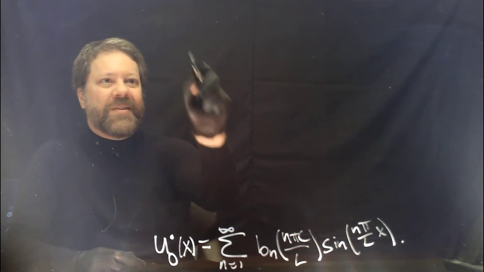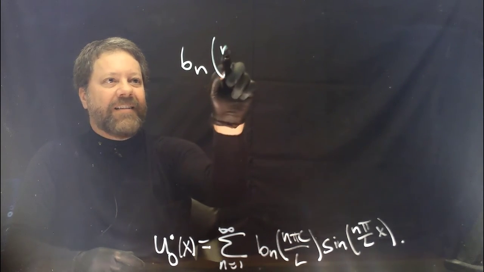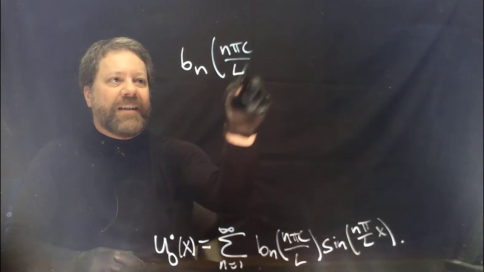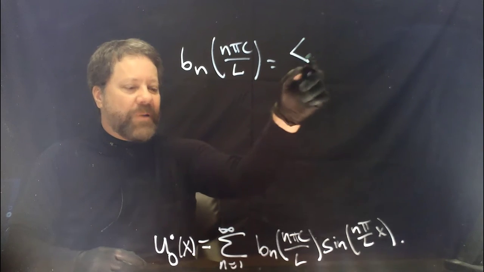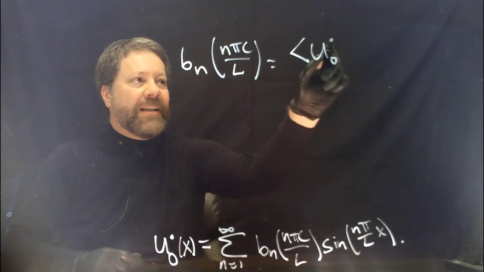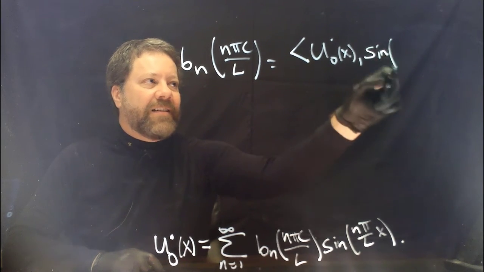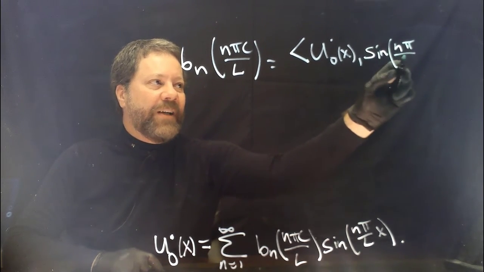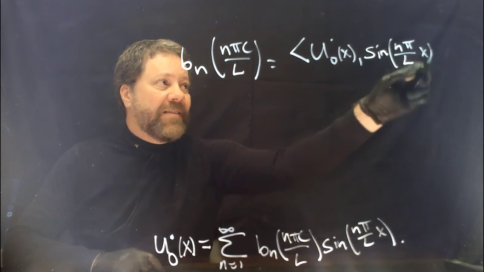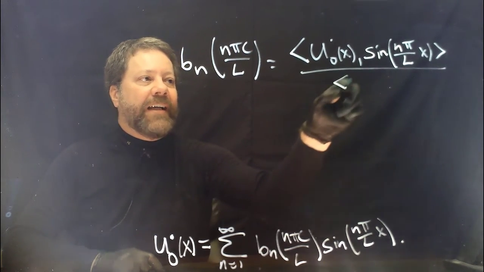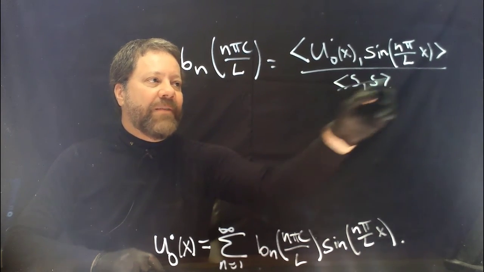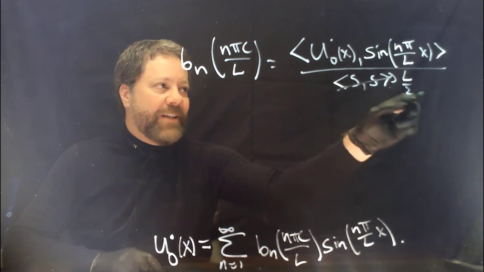In other words, bn n pi c over L must be the inner product of u naught dot of x with the sine n pi over L x over, again, the inner product of the sine with the sine, which we already know is L divided by 2.